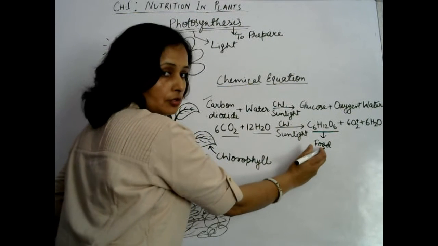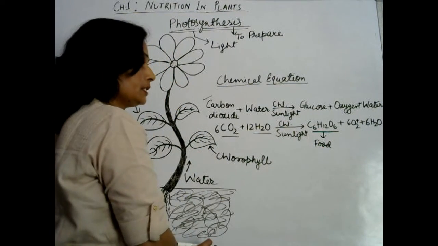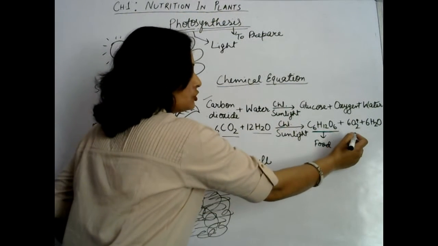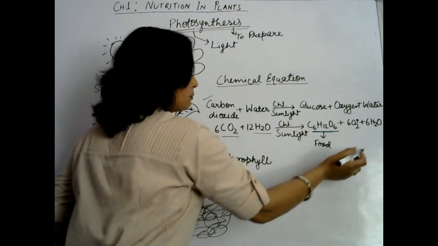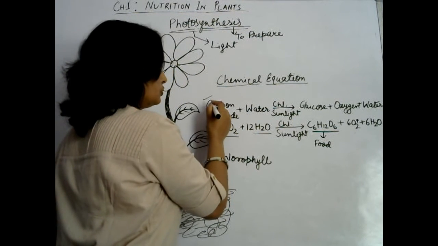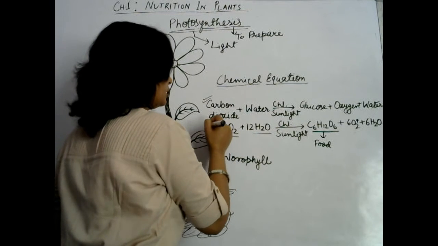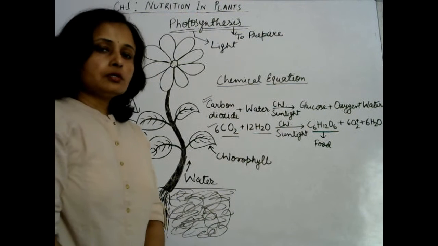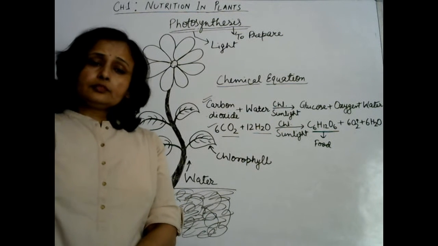Glucose is food for the plant that plants can prepare inside their body. During that process, oxygen is also released and some amount of water is released. So this is the whole process of photosynthesis, and this is the chemical equation of photosynthesis.